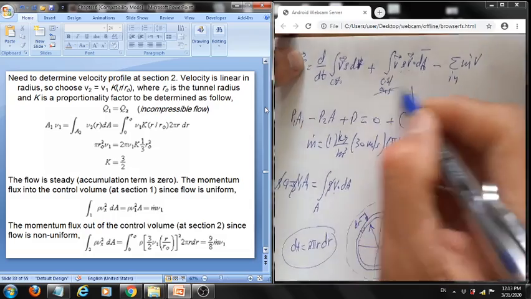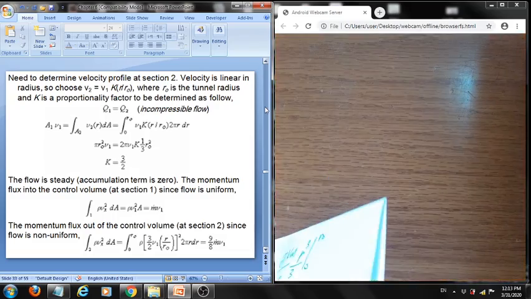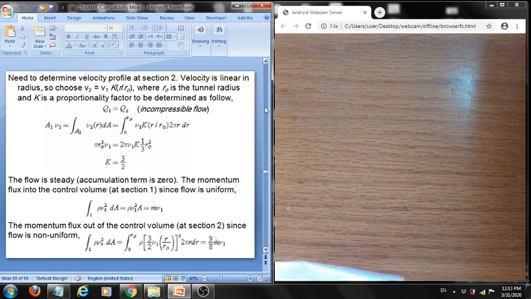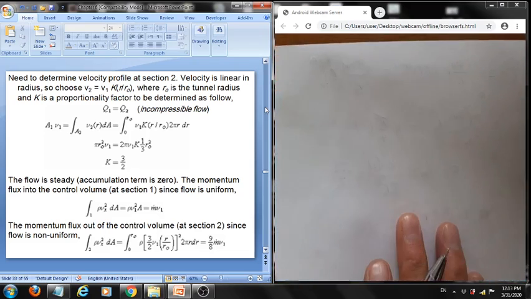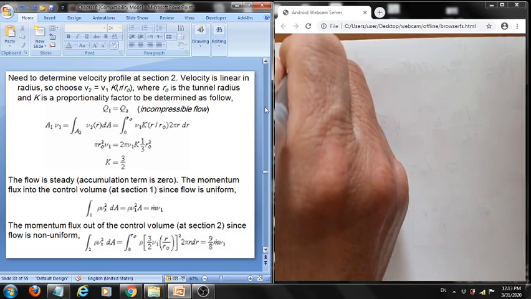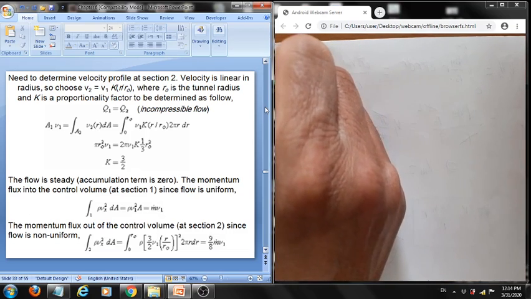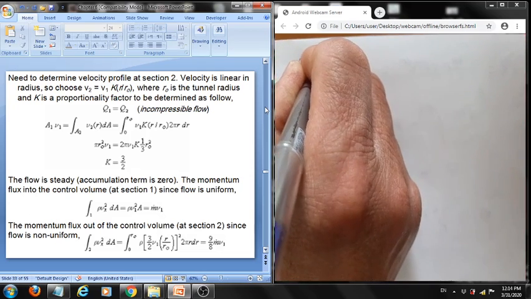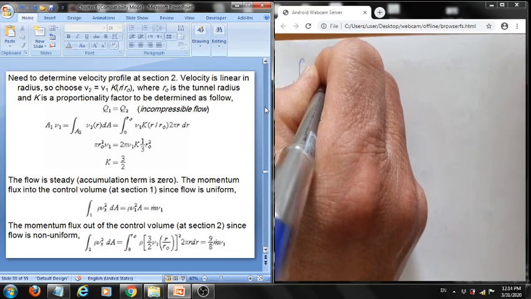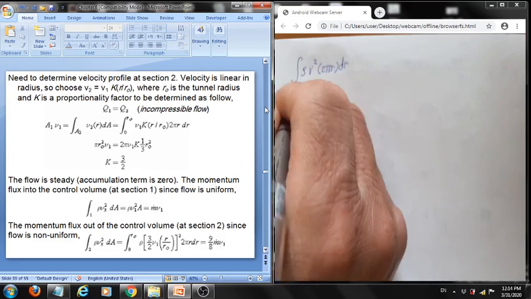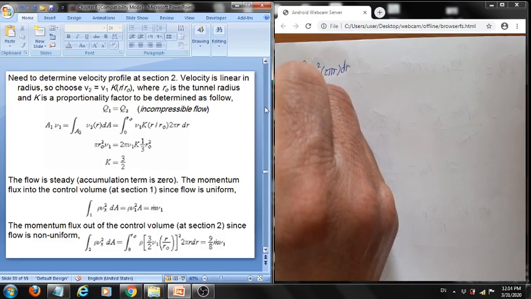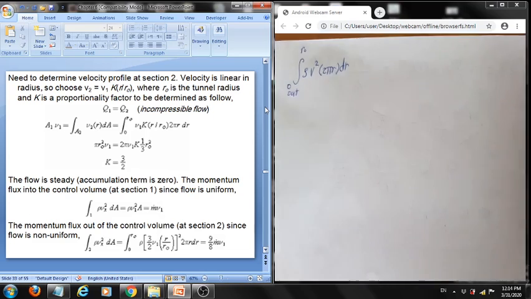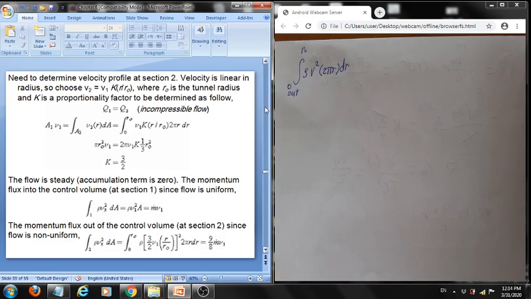So the value of this one, to evaluate it, let's just do it quickly. To evaluate the momentum flux at the exit, we have rho v squared dA. Instead of dA, we'll substitute 2 pi r dr, and again we are varying r from 0 to r naught, which is the radius of this wind tunnel.